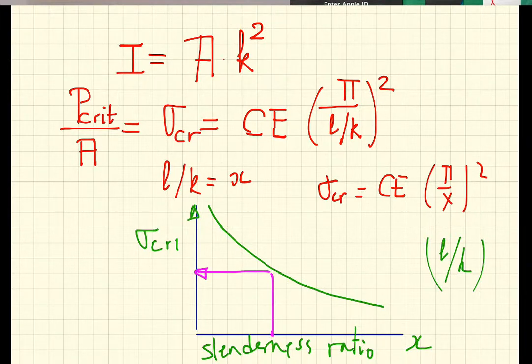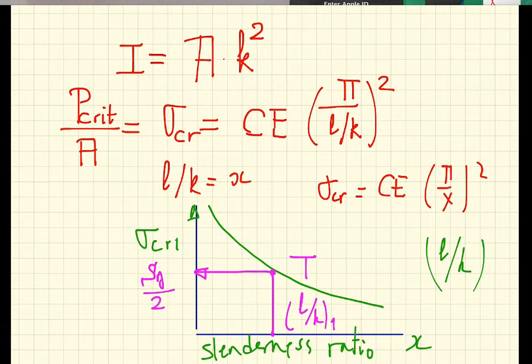So we don't want to even go close to the yield, so we want to limit this Euler formula up to the yield strength of the material over 2. And therefore, there's a value here, we're going to call it L over K sub 1, such that at this point, we're going to call it T, the critical stress reaches half of the yield point.